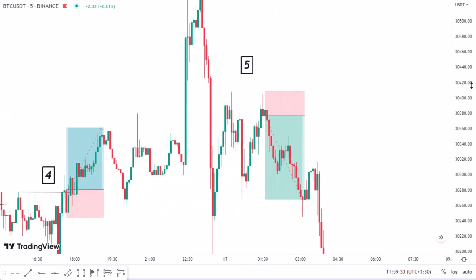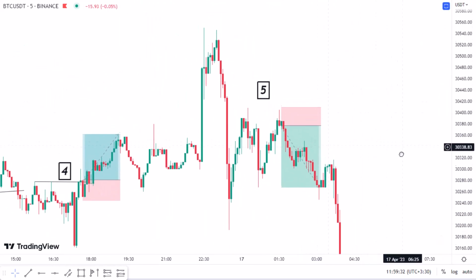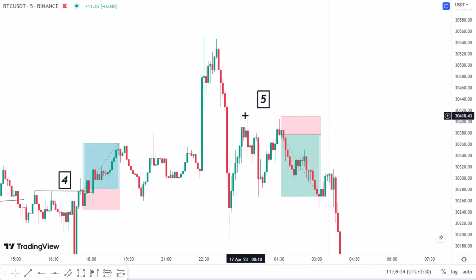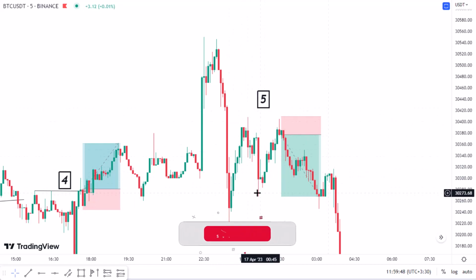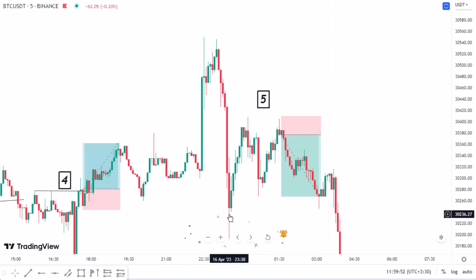On trade 5, the last one, we have a small level of resistance here. The price started going up from here a bit, touched this level and started falling, right? This level, which caused the price to fall this much, can be a resistance for the price.